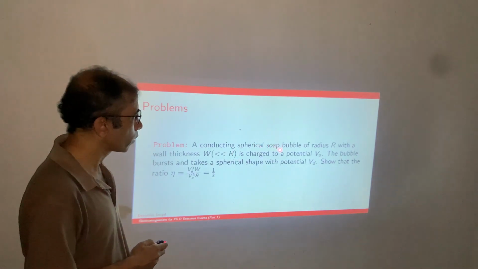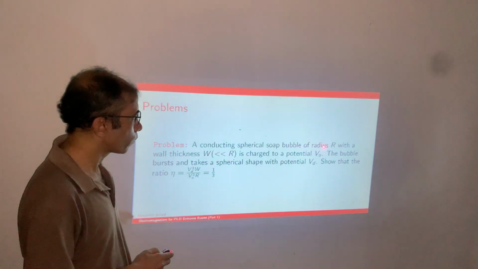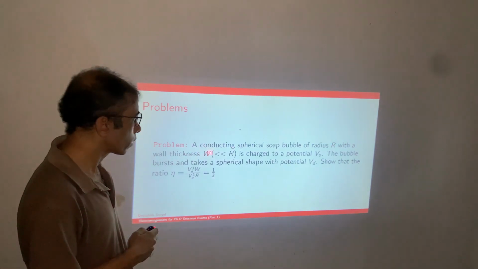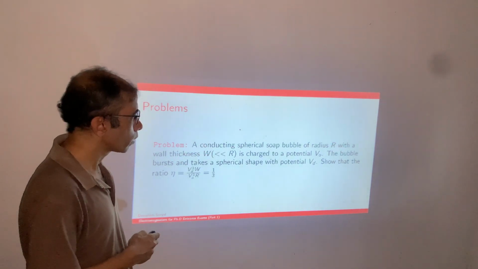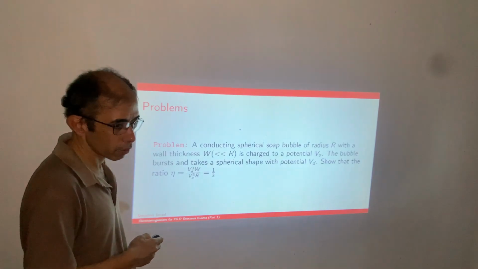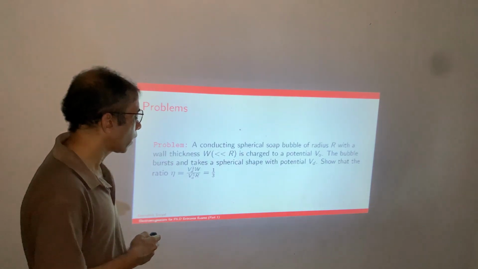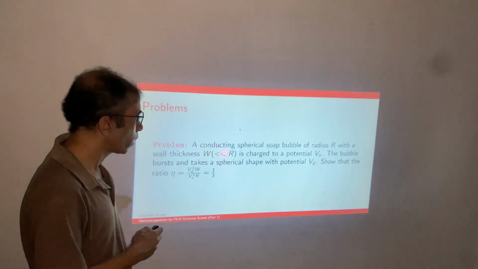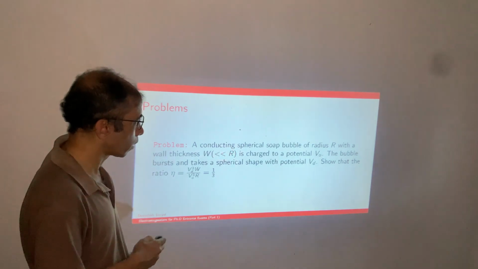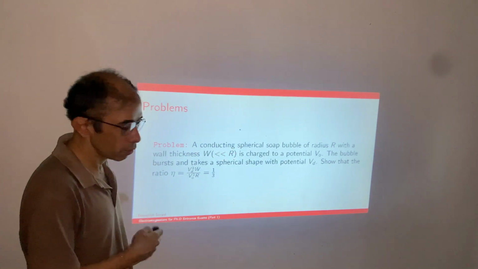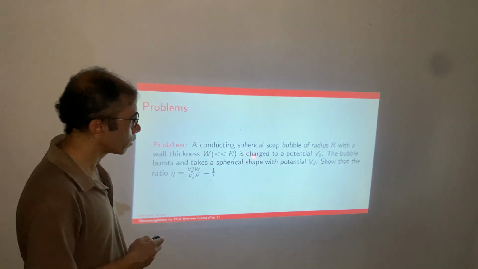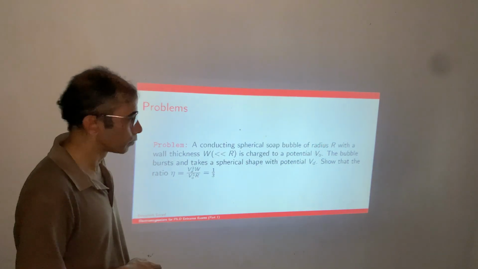A conducting spherical soap bubble of radius R with a wall thickness w. So it's a conducting shell, and the thickness of the shell is w, where w is much less than R. That is the radius of the shell, and it is charged to a potential V0.